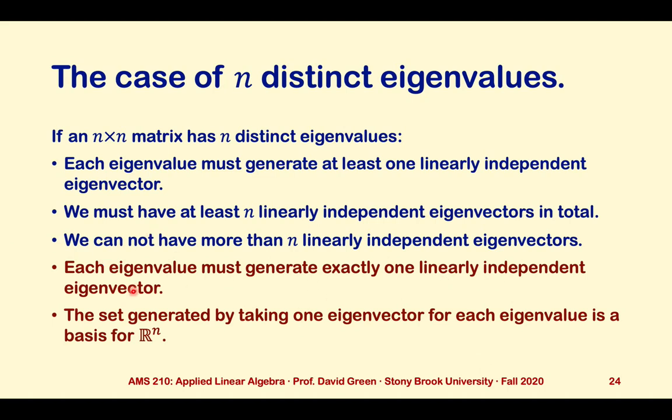But more importantly, perhaps, the set generated by taking one eigenvector for every eigenvalue is a basis for Rn. It's a set of n linearly independent eigenvectors from Rn. That is a basis for Rn.